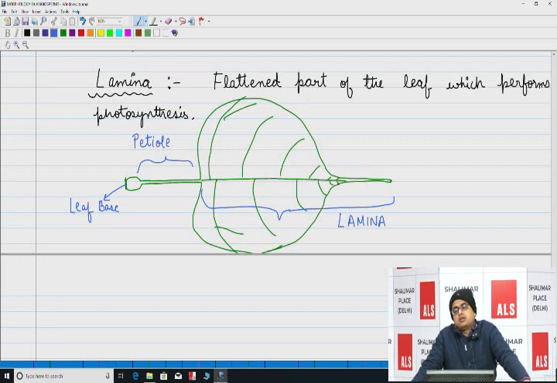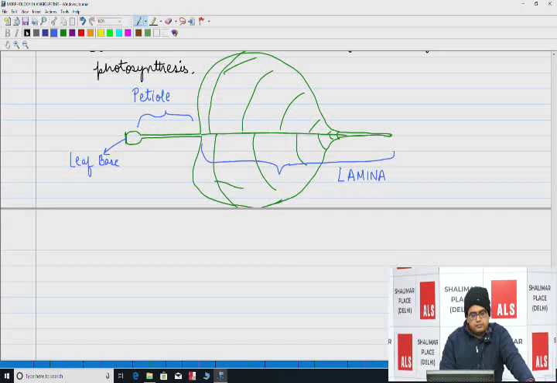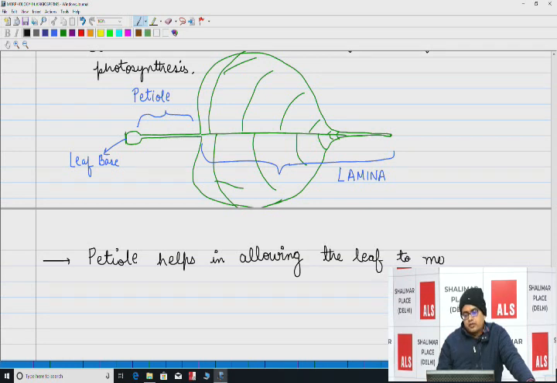Okay. And what is the function of petiole? That is a bit important. Petiole helps in allowing the leaf to move with wind movement.